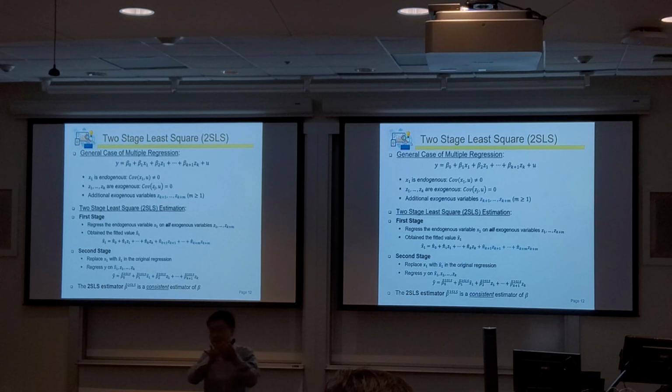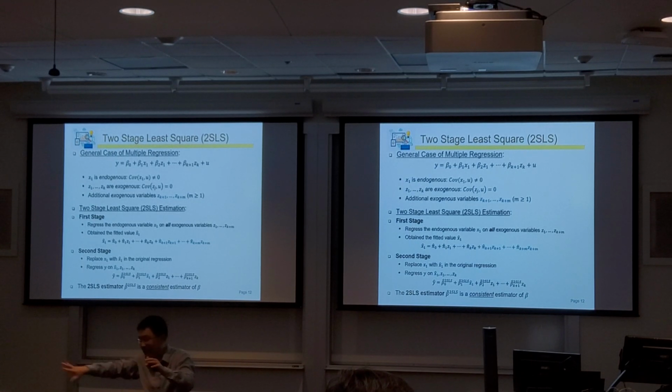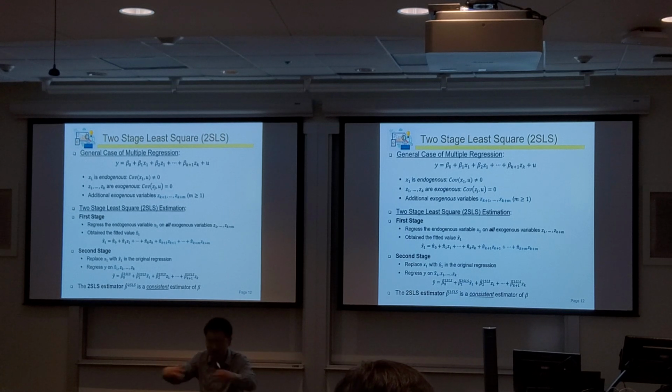The regression is like a projection: project this particular X variable on the exogenous variables, using them to explain this endogenous variable. As a result, the fitted value of this endogenous variable is only a function of those exogenous variables. So this is the exogenous part of the original endogenous X variable.